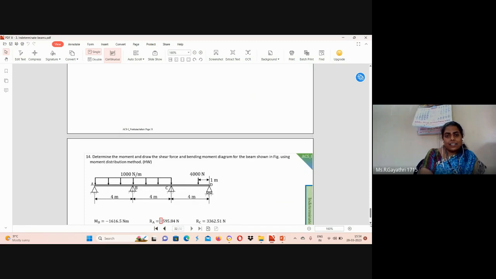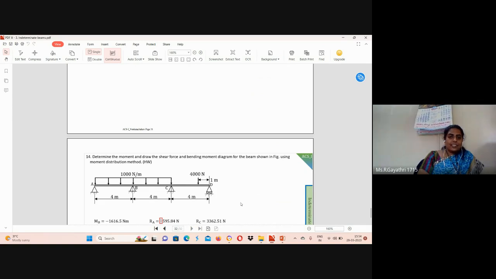Bending moment, shear force diagram, and moment at every support. Here also we can see simply supported at every support. A, B, C, D, all are simply supported. So we can tell bending moment about A will be 0, about D will be 0. We can't say 0 in between.